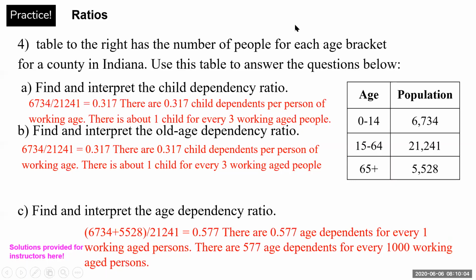Let me give you a quick summary of what we have discussed so far. Of importance to me, I am going to pay attention to the dependency ratio.